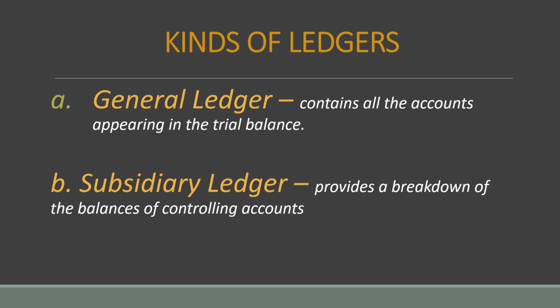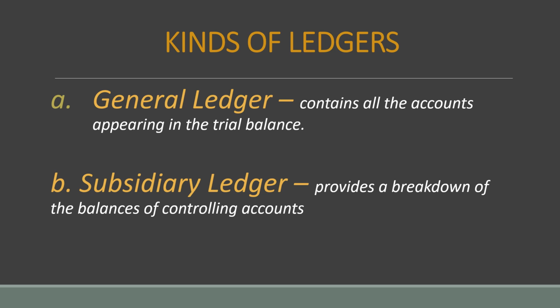So pag sinabi natin controlling accounts or control accounts, it is one accounts in which consists of a group of accounts with similar nature, like for example, accounts payable or accounts receivable. So the balance of the controlling accounts is shown in the general ledger, while the balances of the accounts that comprise the controlling accounts are shown in the subsidiary ledger.